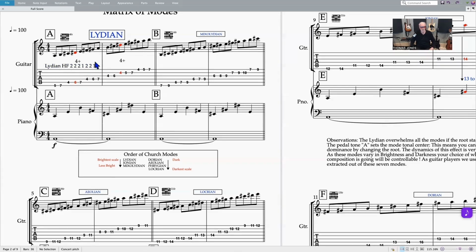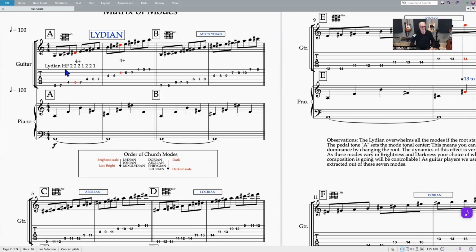This formula is going to become very important, because if I apply this formula 2, 2, 2, 1, 2, 2, 1, I'm going up this way. 2, 2, 2, 1, 2, 2, 2, 1, 2, 2, 2. So from here to here is 2, from here to here is 2, from here to here is 2. So that's 3 2s, and then a 1. Then a 2, then a 2, then a 1.